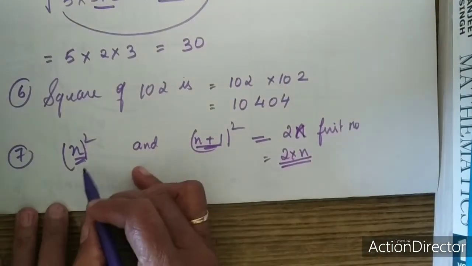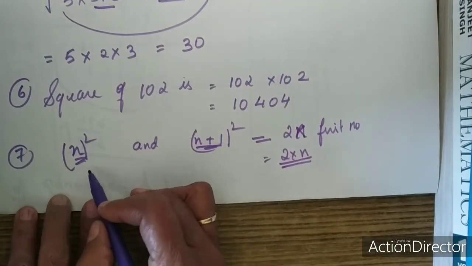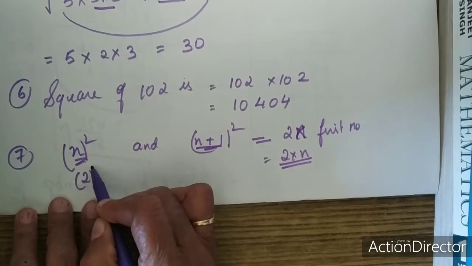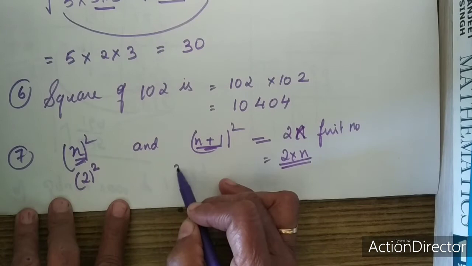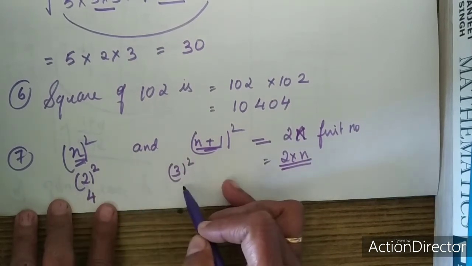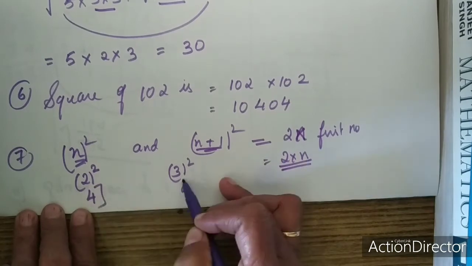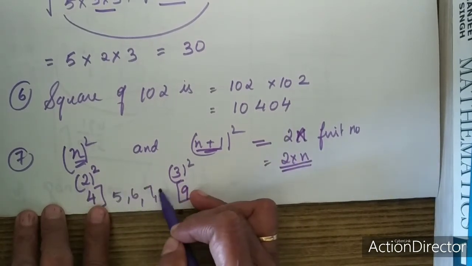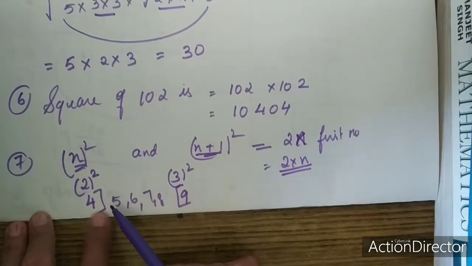For example, you can check this answer also. I want to find the number of non-perfect square numbers between 2 square and 3 square. What is 2 square? 2 square is 4. 3 square is 9. So how many numbers are there between these two numbers?